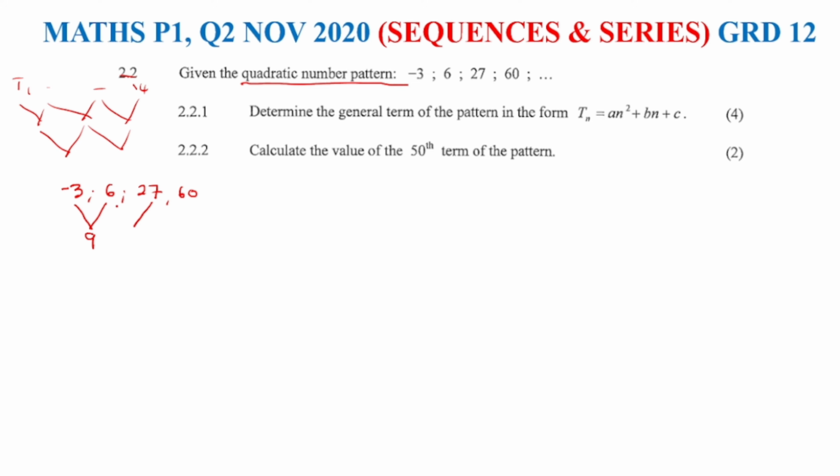Minus 27 minus 6 is going to give us 21. Therefore, 60 minus 27 is going to give us 33. Then you go ahead again and say 21 minus 9 is going to give us 12. Therefore, 33 minus 21 should give us 12 as well.